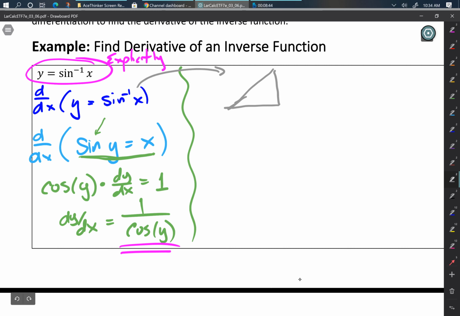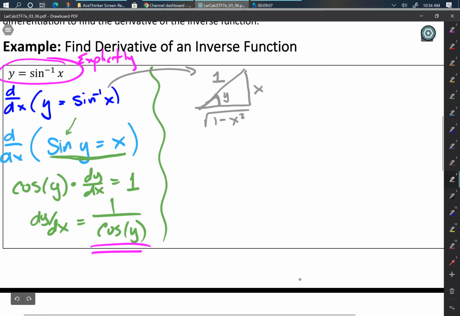The triangle says that the arcsine of a number is equal to an angle y. So if I make this be my angle y, then the sine of that angle y is equal to x. So I'll put an x there, a 1 there, and a square root of 1 minus x squared here. Now, I know that some people are probably going to be struggling with that, not liking that.